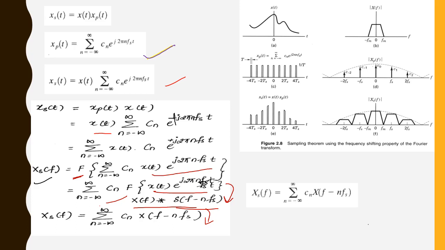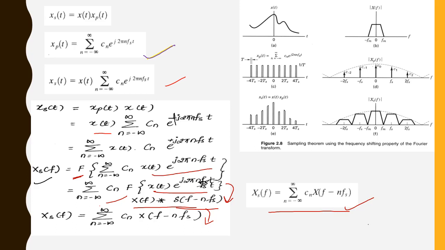I will be getting the value of X_s(f), which is summation n equal to minus infinity to plus infinity C_n X(f minus nf_s), on similar lines to the unit sampling case that we have seen already.